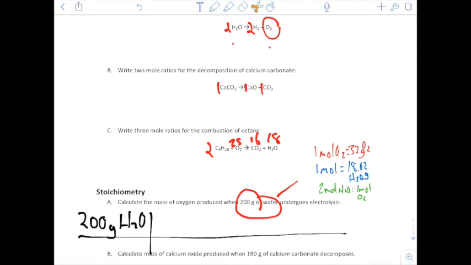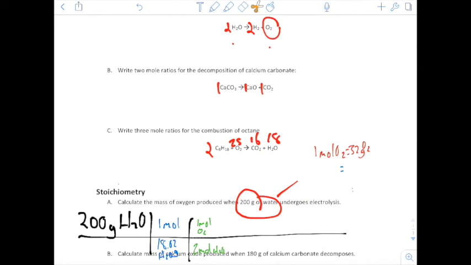The only thing that says grams of water is right here, so we put that part on the bottom. We put the other half of the conversion factor on top, which is moles of water. Now we put moles of water on the bottom because we got to keep going with our conversion, and put the other half on top, which is moles of oxygen.